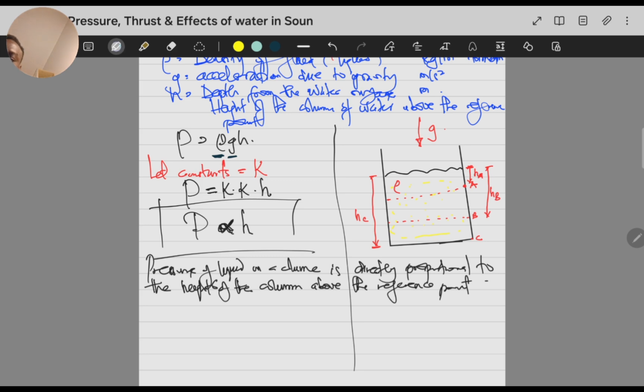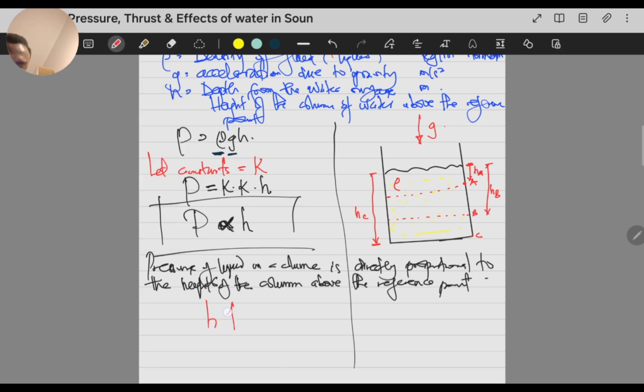In essence, as h increases, the pressure also increases. As the depth keeps going down toward the bottom, h is increasing because we're measuring from the surface. And if we are going up, reducing the h value, the pressure is also reducing.